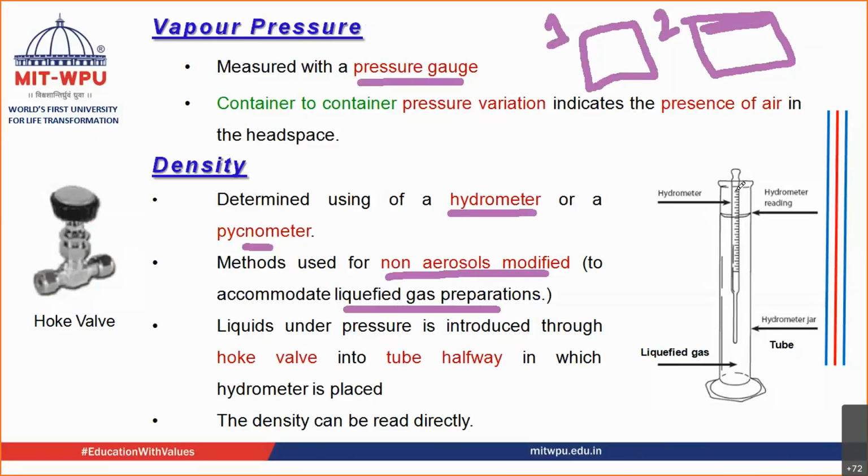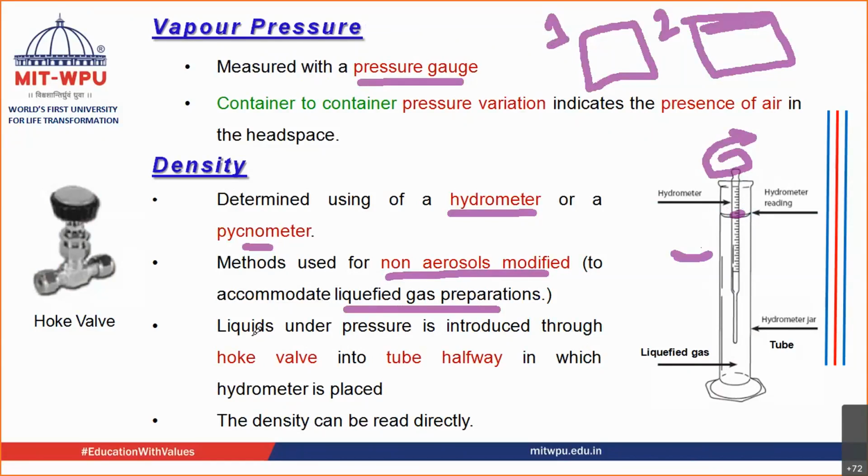Then you put your hydrometer, and you rotate it a few times, till the hydrometer is suspended in this liquid. As soon as it is suspended, you find out the level of the liquid, and this level you coincide with the calibration of the hydrometer. This point is going to give you the density of your product.